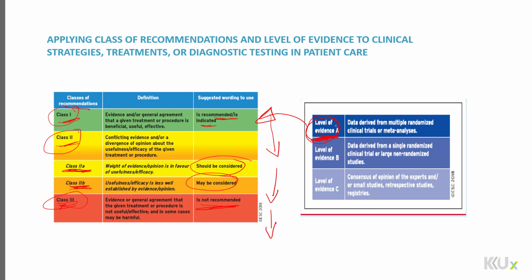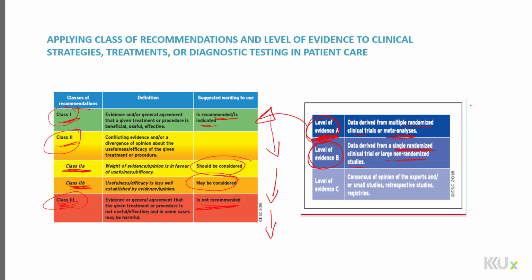So if we say level of evidence A, that means that these data are derived from multiple randomized controlled trials or meta-analyses, which are at the top of the evidence pyramid, if you remember. Then there is level of evidence B, which means that these data are derived from a single randomized clinical trial or large non-randomized studies.